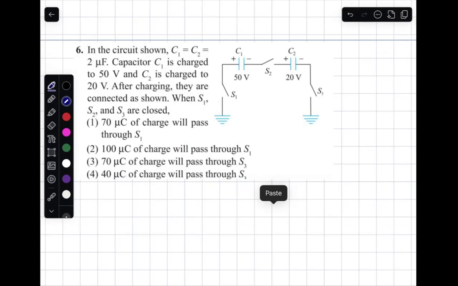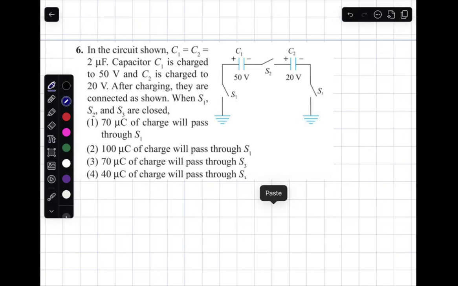In the circuit, C1 is equal to C2 is equal to 2 microfarad. Just only one switch closing, nothing is going to happen. You close only S1, nothing happens because it is not a closed path. You close only S2, nothing happens because charge flow requires a closed path.